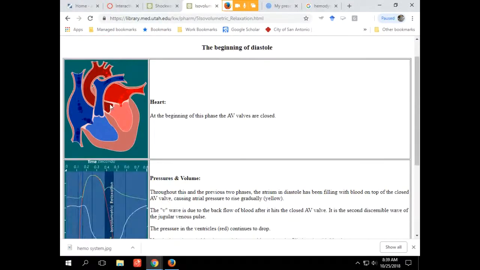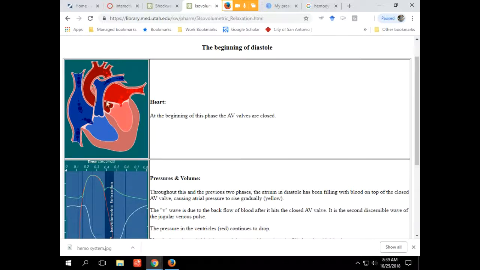What other thing is happening right here during this phase, at the beginning of diastole or in diastole in general? What else is happening?